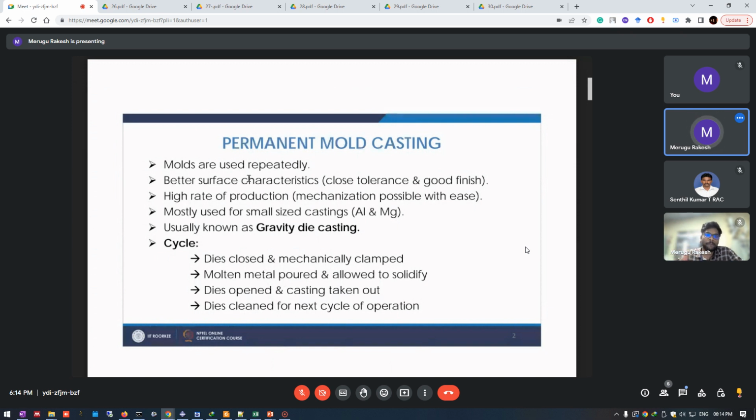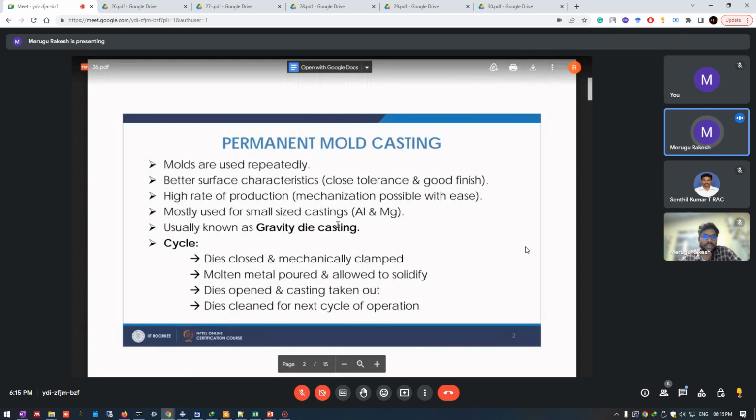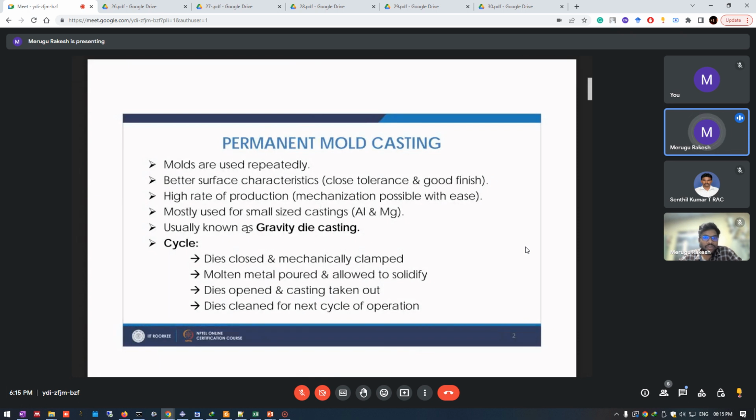Then high production rate, since many unwanted steps are cancelled, like making the mold again and making use of a pattern, and we can even automate this process. The only limitation in permanent mold casting is that it is used for small castings, generally below 10 kg. Above that it is difficult to manufacture the dies.